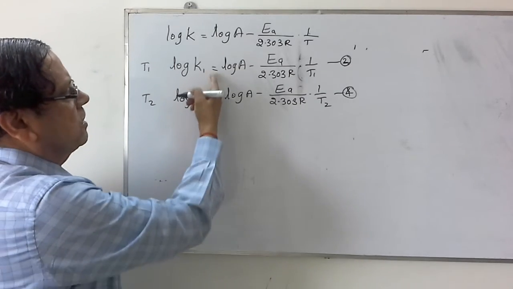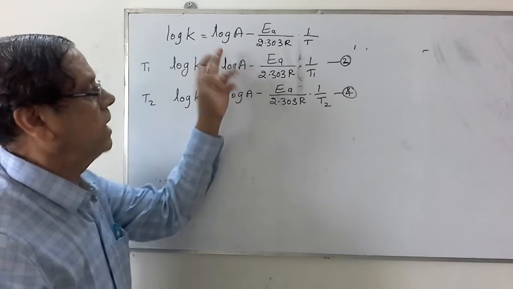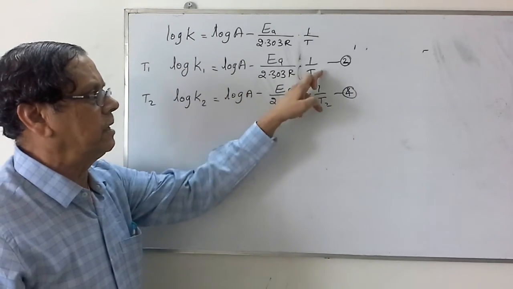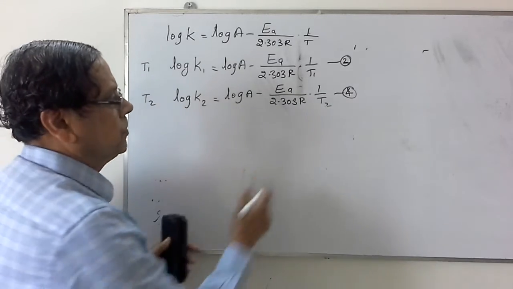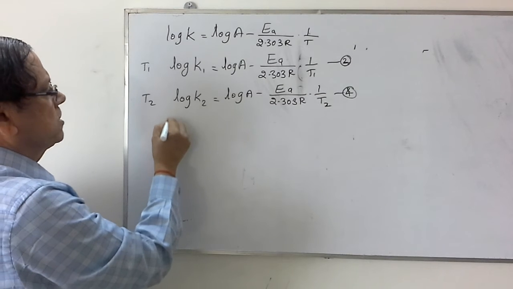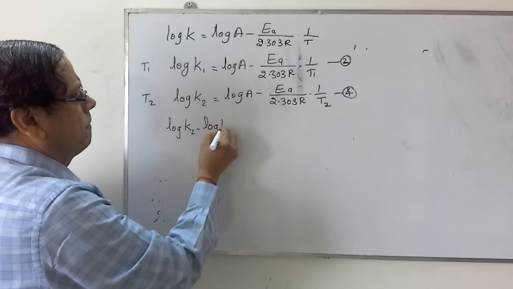Then take the difference of these two. So here we have to make one assumption as made by Arrhenius. A is a constant in the given temperature range of T1 and T2. So assuming that A is a constant, we can take the difference of these two as log k2 minus log k1.